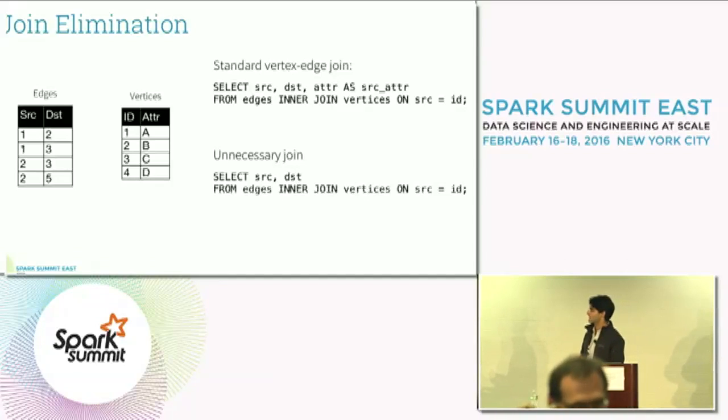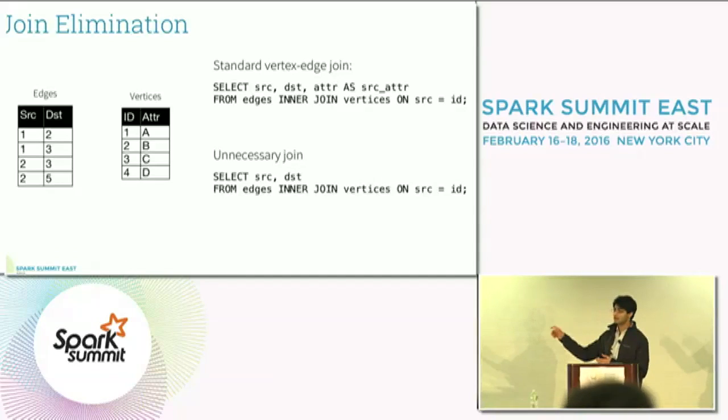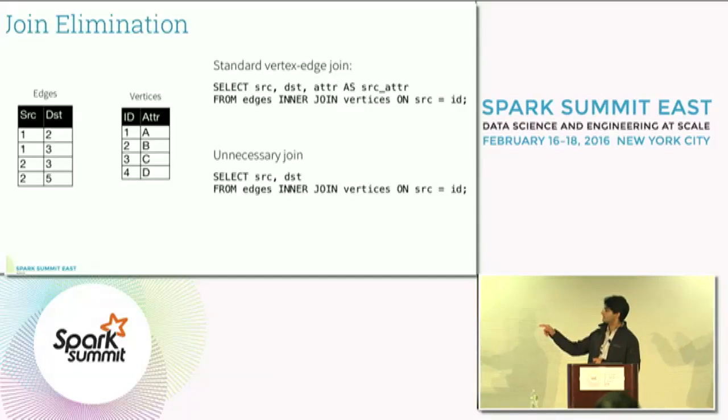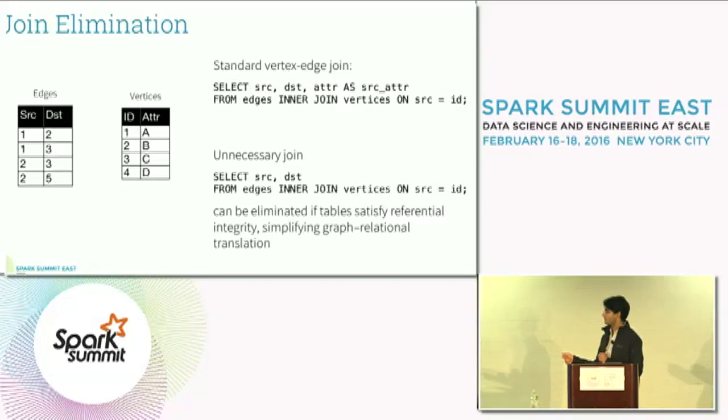Well, in most cases the inner join is the issue. You can see there's an edge 2, 5 at the bottom, and there's no 5 in the vertex table, so the inner join is actually going to drop that edge. So logically, it's not sound to eliminate this join unless we have the constraint of referential integrity between these two tables.